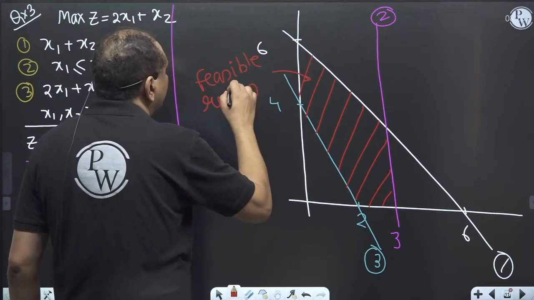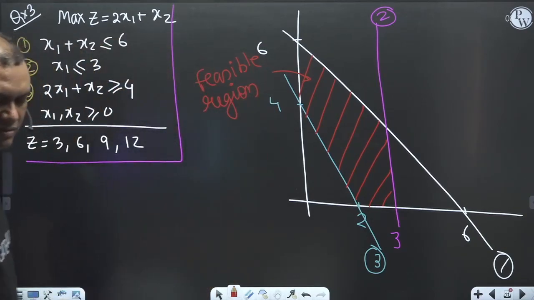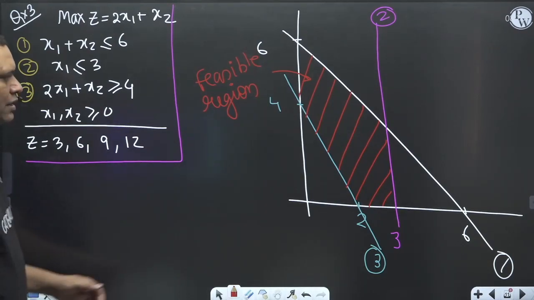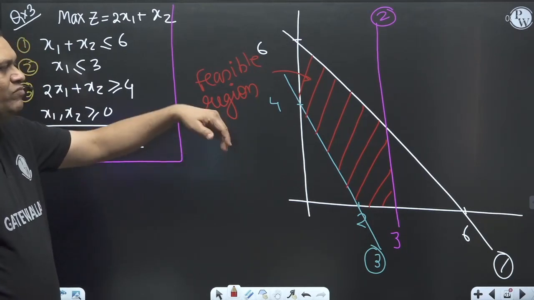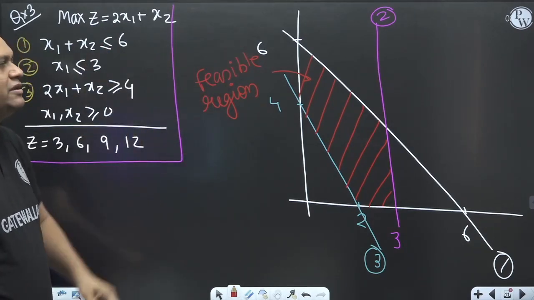Less than or equal sign means the region will be towards the origin, and greater than sign means the region will be away from the origin.